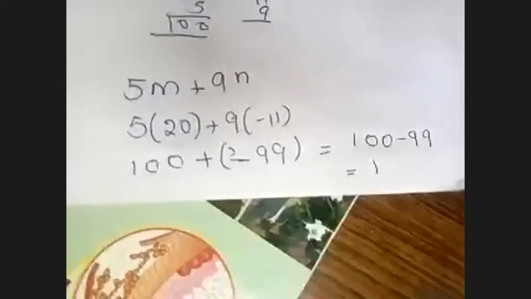Can you show me how you say that is true? Yes, sir. 5 into 20 plus 9 into minus 11.